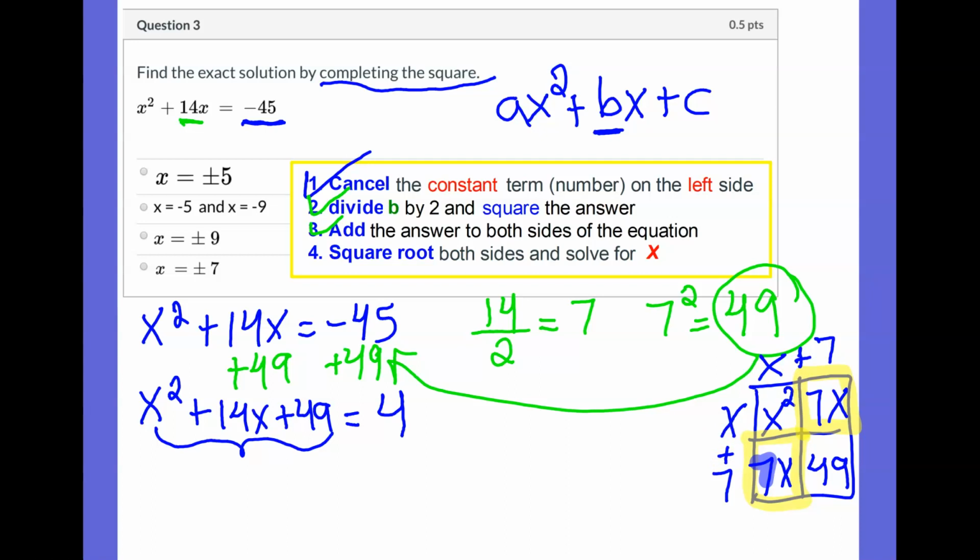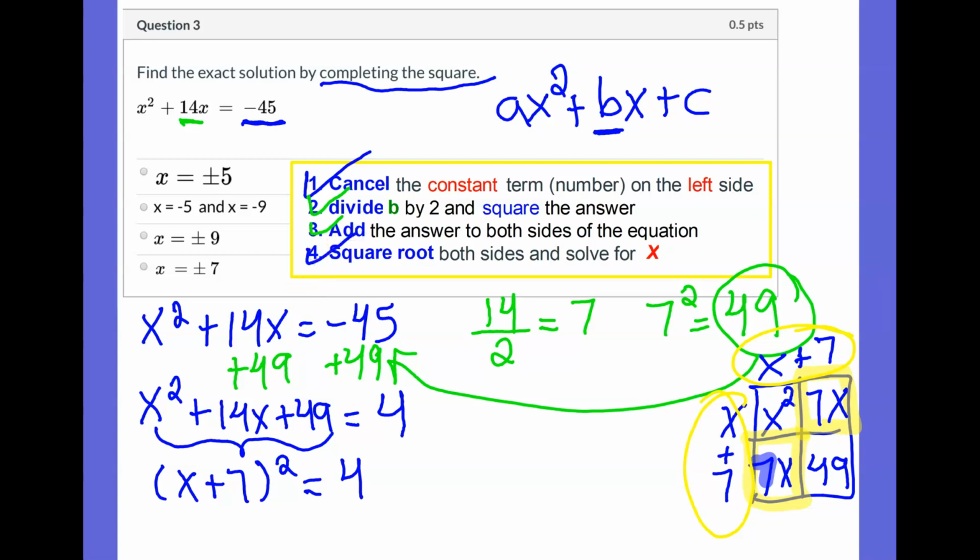I have x plus 7 and x plus 7. So now I can write my perfect square: (x + 7) squared equals 4. The next step says square root both sides and solve for x.